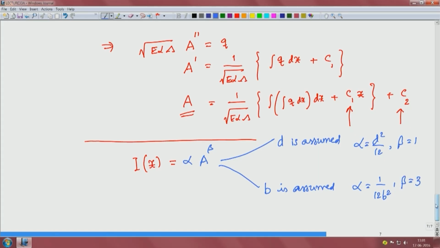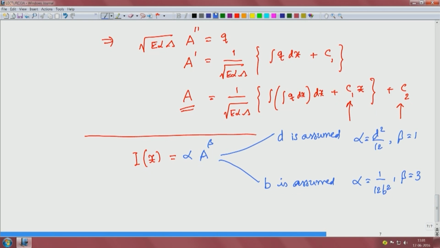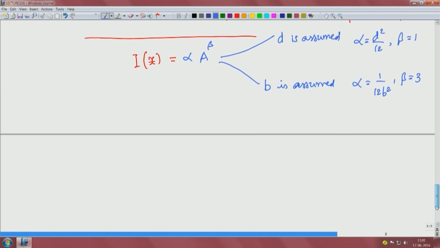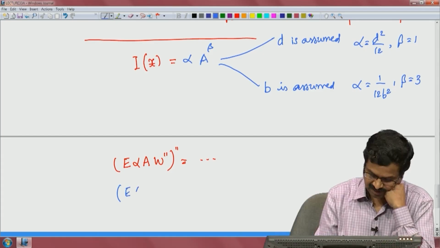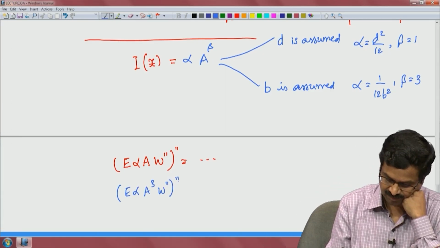Imagine that we had to expand this term, that is we had E alpha A W double prime, which we expanded earlier, right. We got something before. Now, that becomes E alpha A cube W double prime.